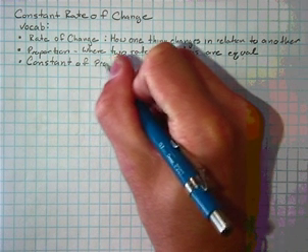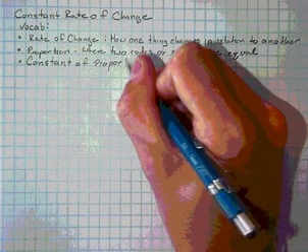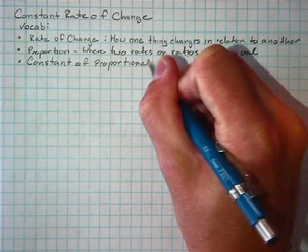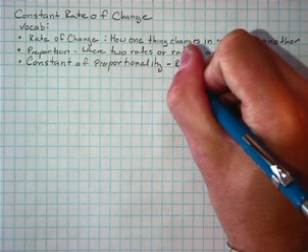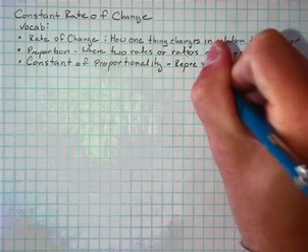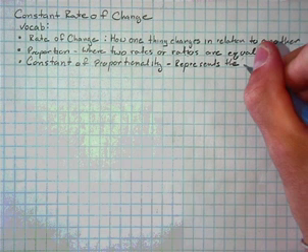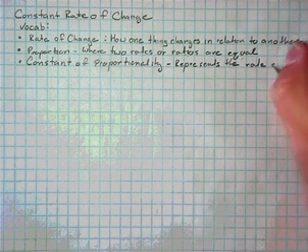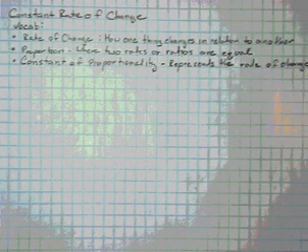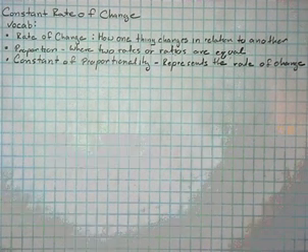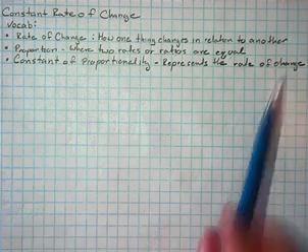Constant of proportionality. So the constant of proportionality represents the rate of change.